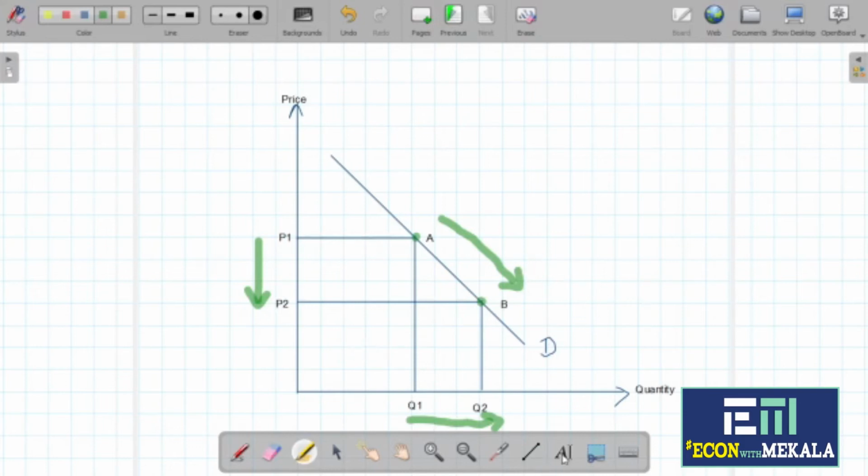This is a complete graph, so we can label this as a change in quantity demanded. Easiest way to remember this, when there is a change in quantity demanded, your demand curve will not shift, but there will be a movement along the demand curve.